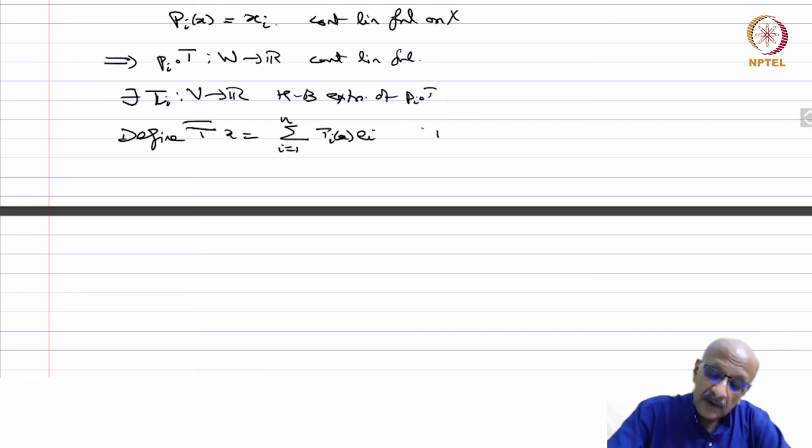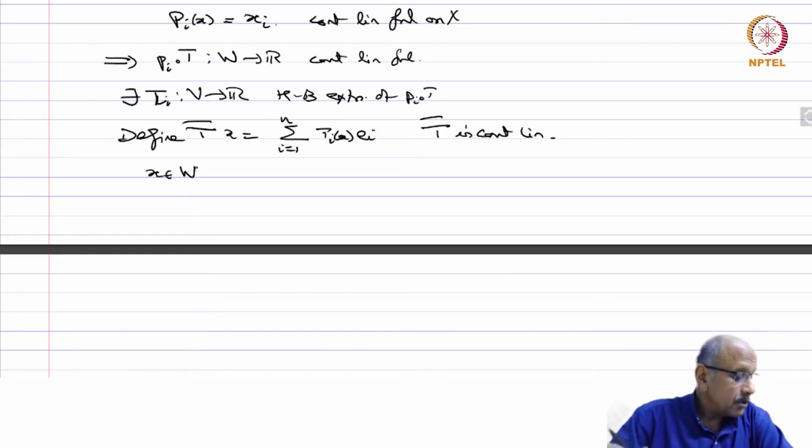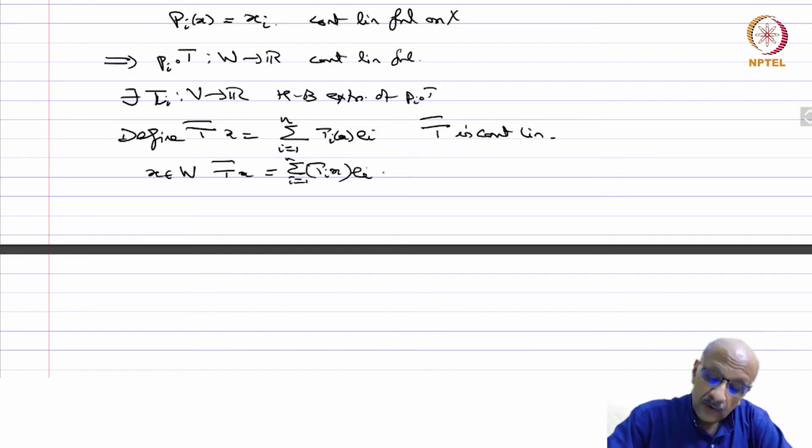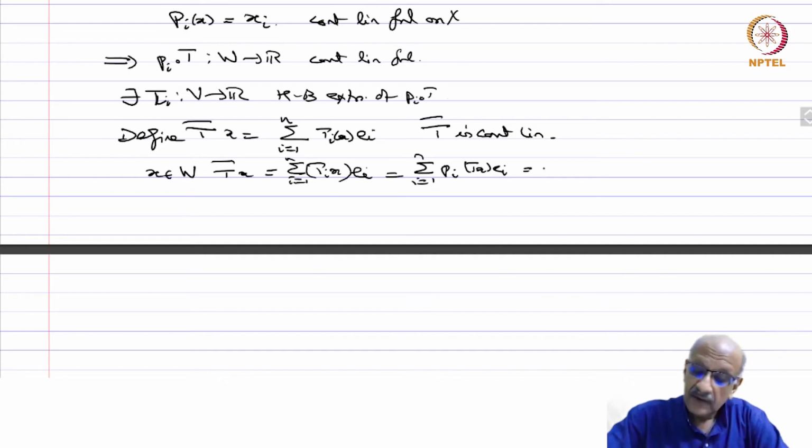Then of course T bar is continuous linear, and if you have x in W, you have T bar of x equals sigma i equals 1 to n Ti of x ei, and that is equal to sigma i equals 1 to n pi i of Tx ei, and that's precisely Tx. That's the definition of Tx. Okay, so this proves this.